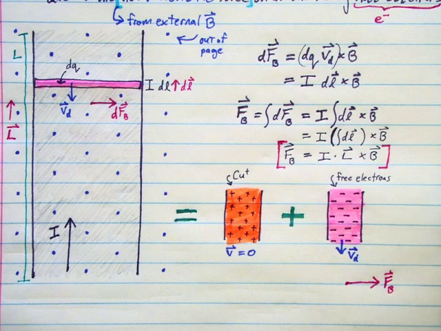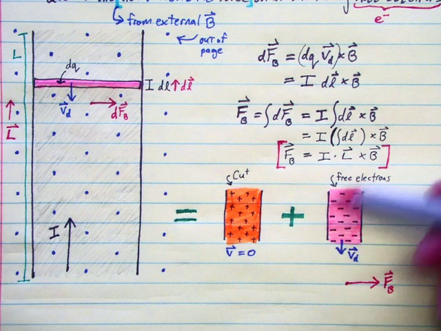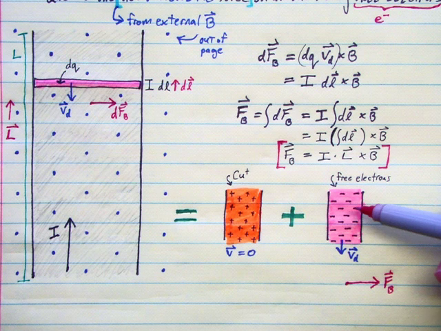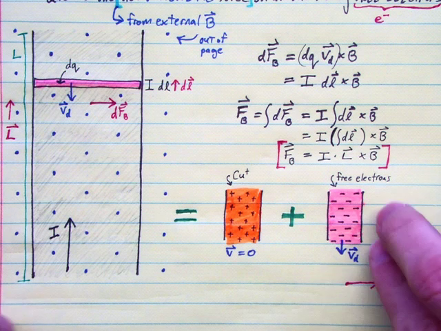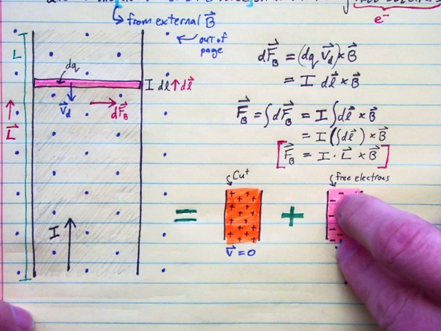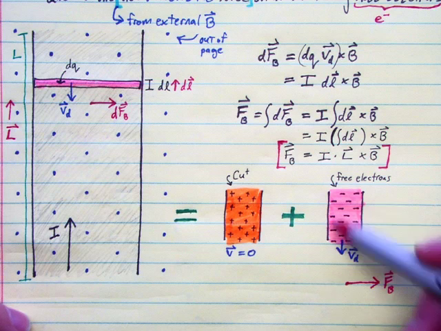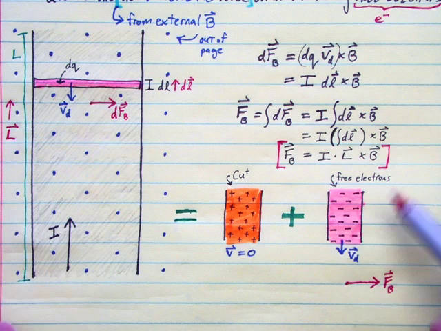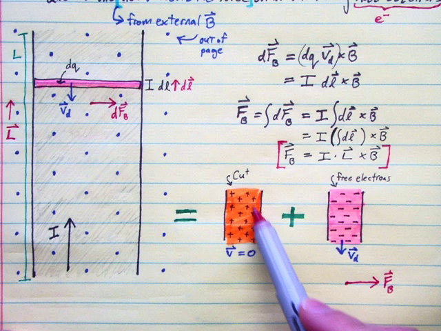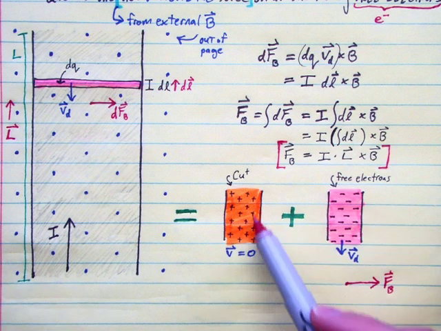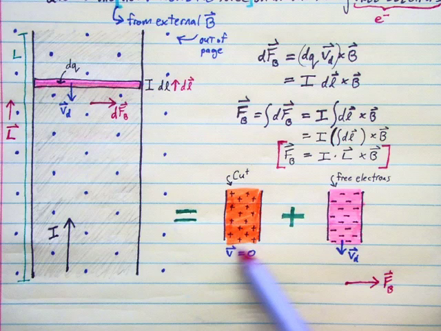Okay, but once we're in an equilibrium state, this whole collection of free electrons is not just going to be leaving the wire and traveling off on its own. They're still bound to the wire. These free electrons, while free enough to move from place to place within the wire, are still overall bound to these background copper atoms.